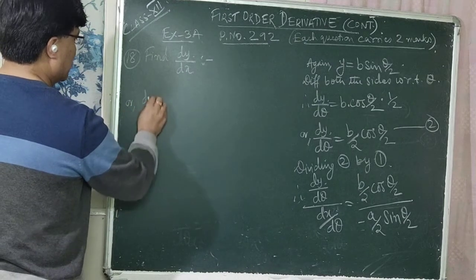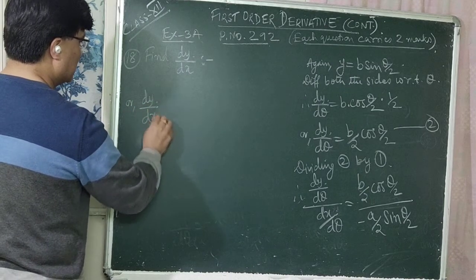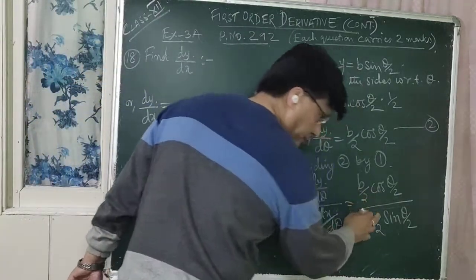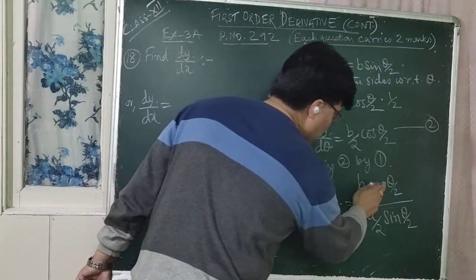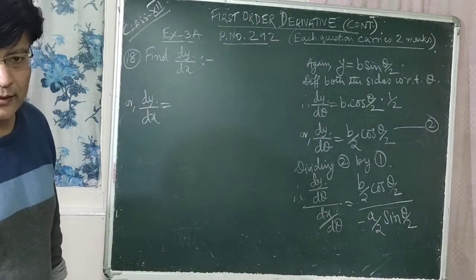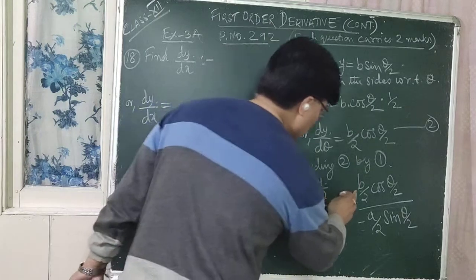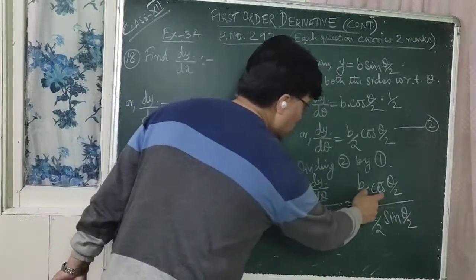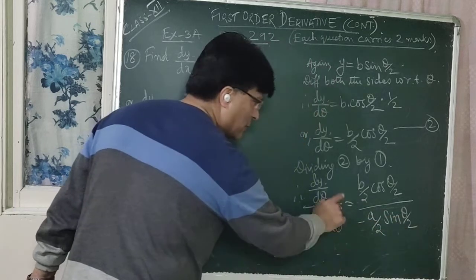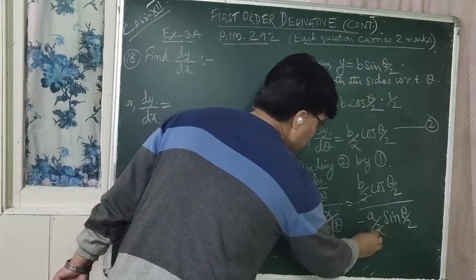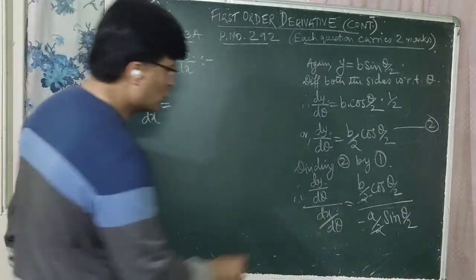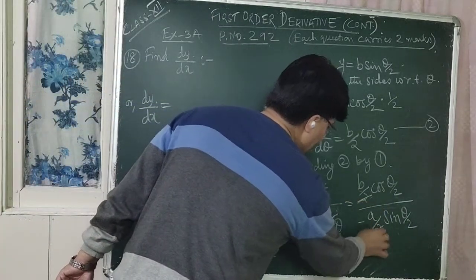So on the left hand side d theta will be cancelled, so it is dy by dx is equal to, now here cos theta by 2 and sin theta by 2 will not be cancelled, that will not be simplified, okay? But before cos theta by 2 there is b by 2, and before sin theta by 2 there is a by 2, and these two will be cancelled, but this theta by 2 cannot be simplified, okay? So only these two will be cancelled.